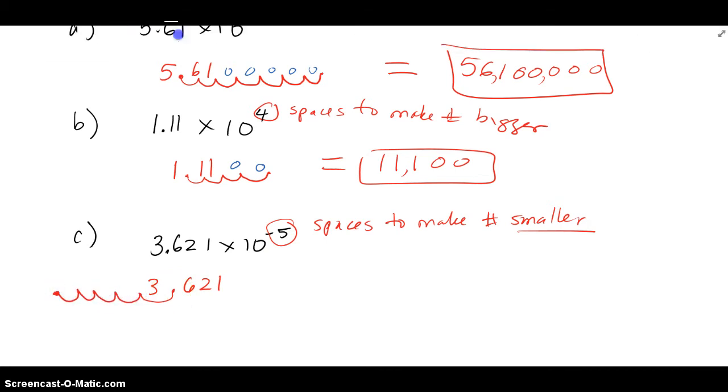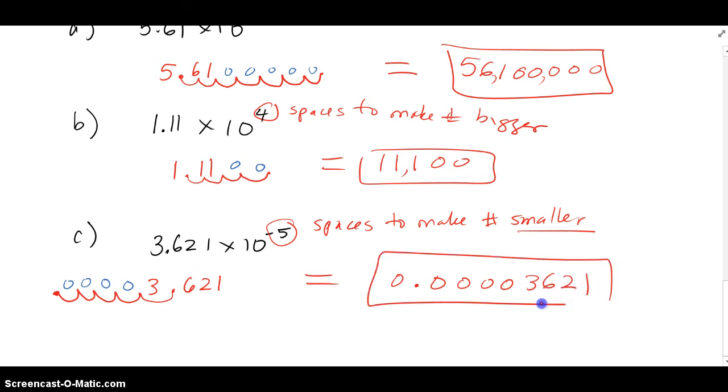That's how many spaces I go to make the number smaller, because remember I'm dividing by a power of 10. Fill those guys in with zeros, so my number must have been 0.00003621. This must have been the original number to give me the number in scientific notation of this form.